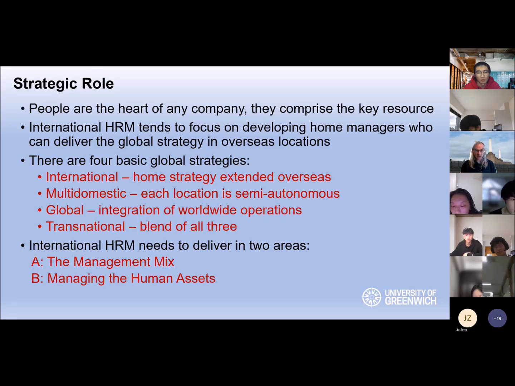Global strategy is one that treats the whole world as one single location. So it's as if the world is a country. And therefore, if your best engineers are in Germany, that's where your engineering is done. If your best styling is done in Italy, then that's where your styling unit is.